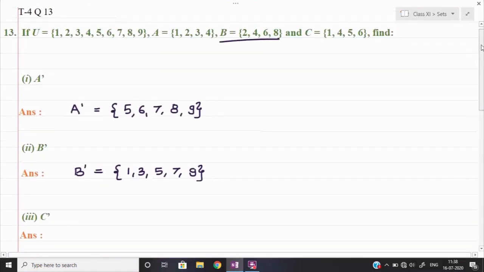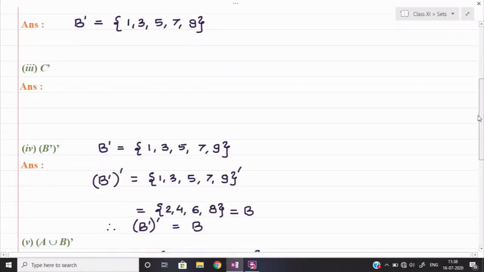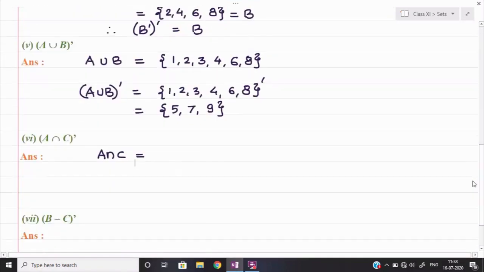And C is equal to {1, 4, 5, 6}. So I think 1 and 4 are common between A and C, right? Because 5 and 6 are here and there 2 and 3 are there that are not common. So here we will write down the common elements 1, 4. So let us write down A ∩ C is equal to {1, 4}.